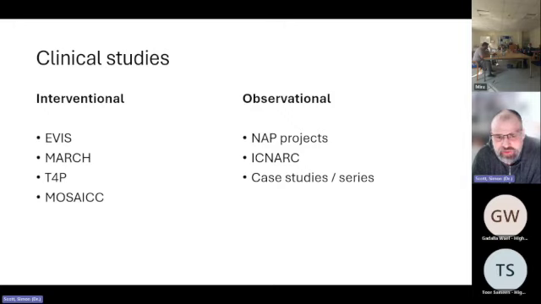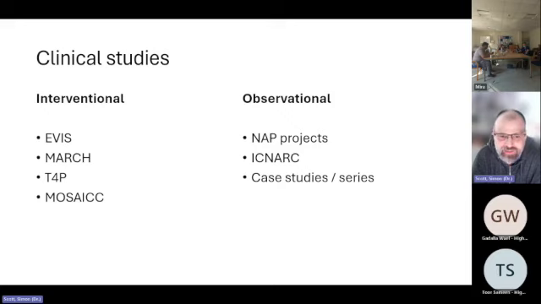Observational studies, you should all be familiar with the NAP4, NAP5, all the NAP projects published by the college. The fundamental difference here is that there is no prescribed intervention by a researcher. It's more looking at groups of data or groups of subjects and observing what happens to them.